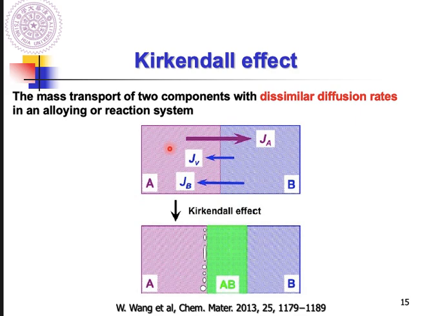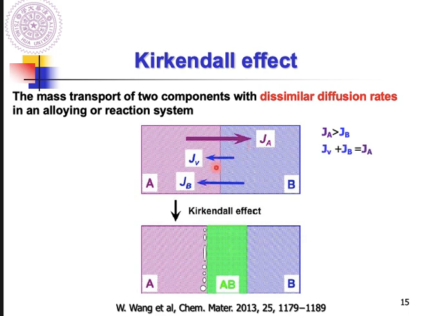If we have an AB diffusion couple, and JA is larger than JB, then you will get a vacancy flux toward the left-hand side to allow the total net flux to equal 0.